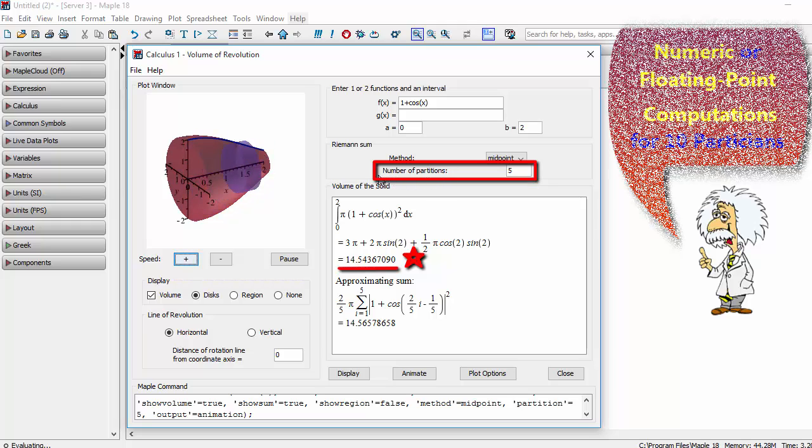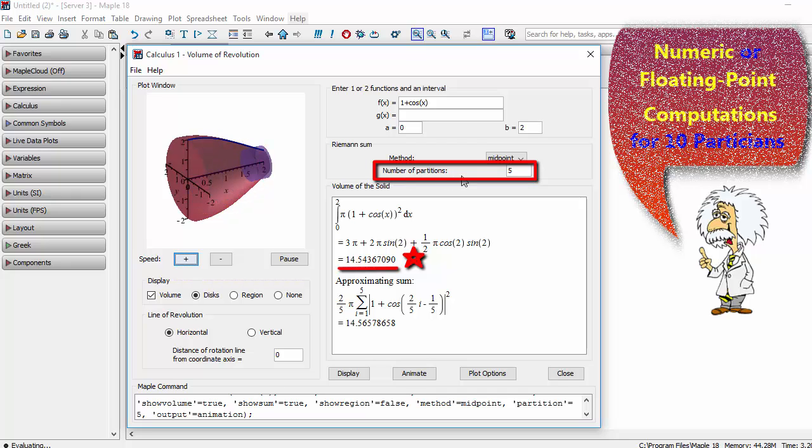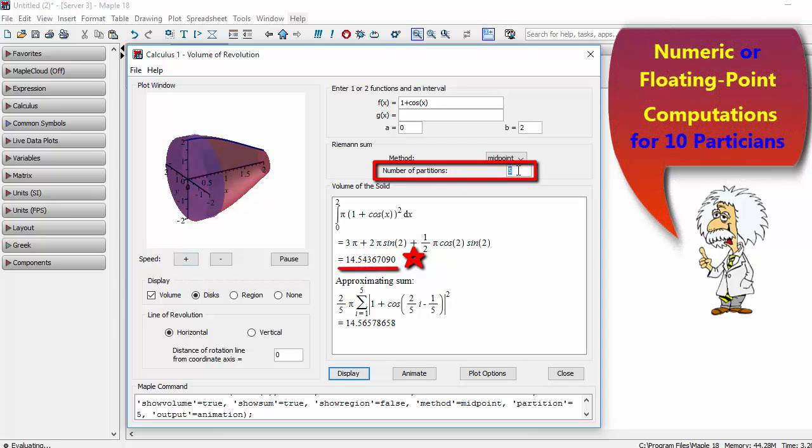Again, by increasing the number of partitions, disks, for this volume, for example, for 10 partitions, disks, we can obtain the following amounts.